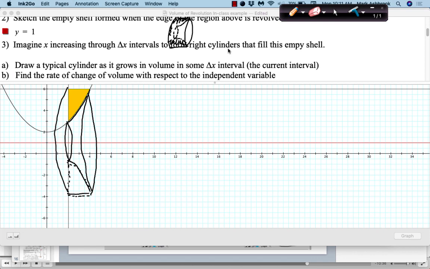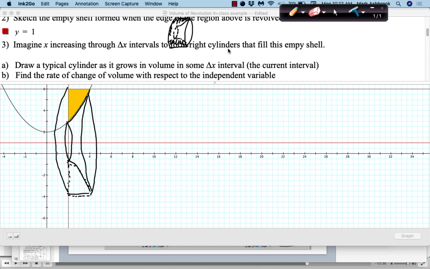Once you've imagined typical cylinders, as x increases through delta x intervals forming right cylinders to fill that shell, draw a typical cylinder as it grows in volume in some delta x interval, the current interval.